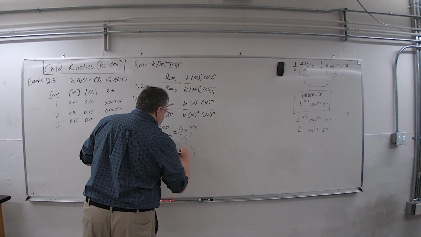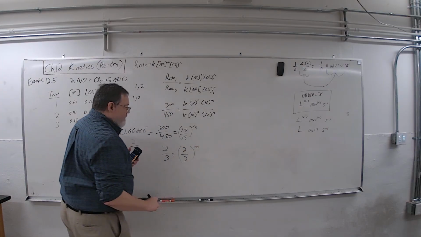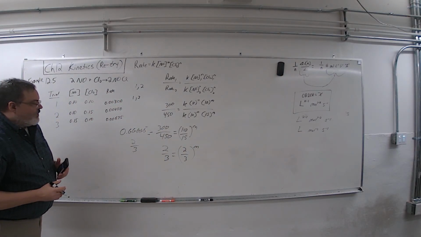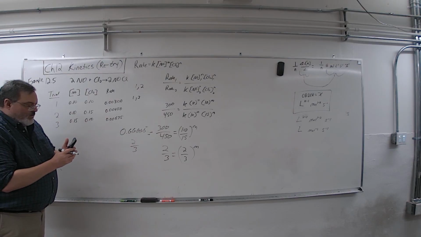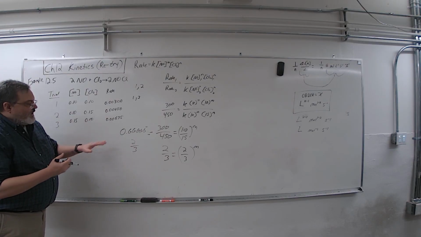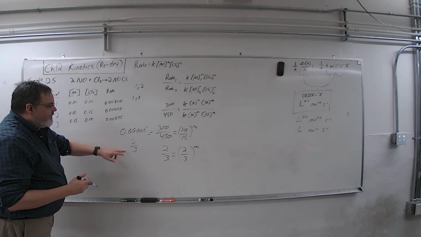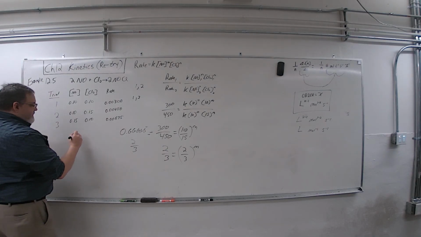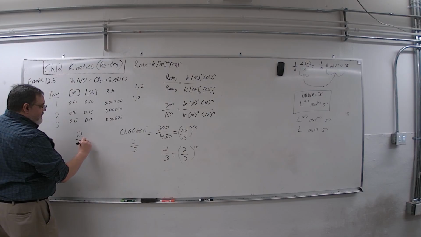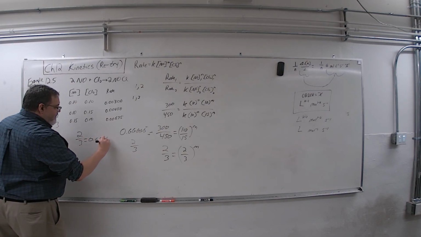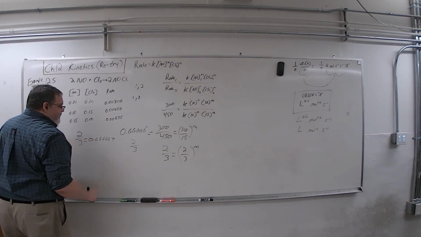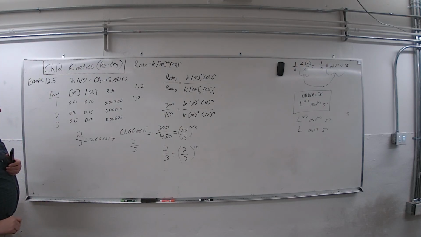Now this is 2 over 3. What's the simple way to turn that into a fraction? 2 divided by 3 is 0.6666. Your calculator will put a 7 at the end. There's a simple way to do that.